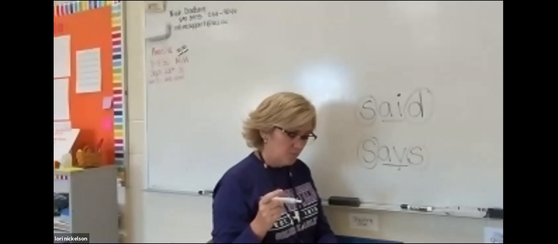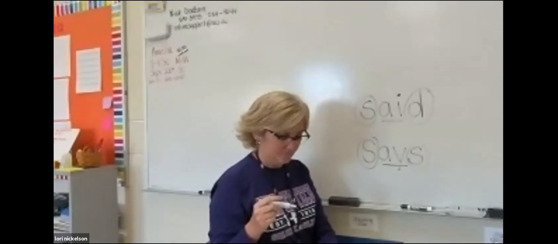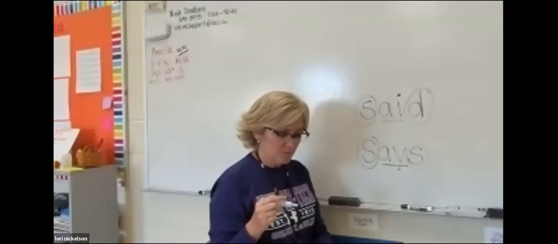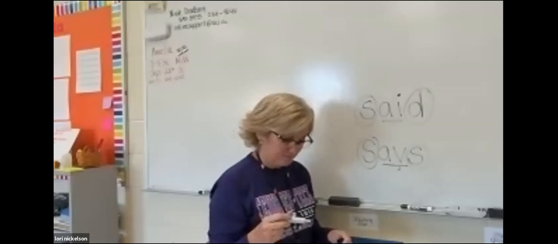But when you read says, you have to remember to pronounce the letters A and Y as E and the final S as Z. So when you're writing says, remember to spell the E sound with the A and the Y and the Z sound with an S.